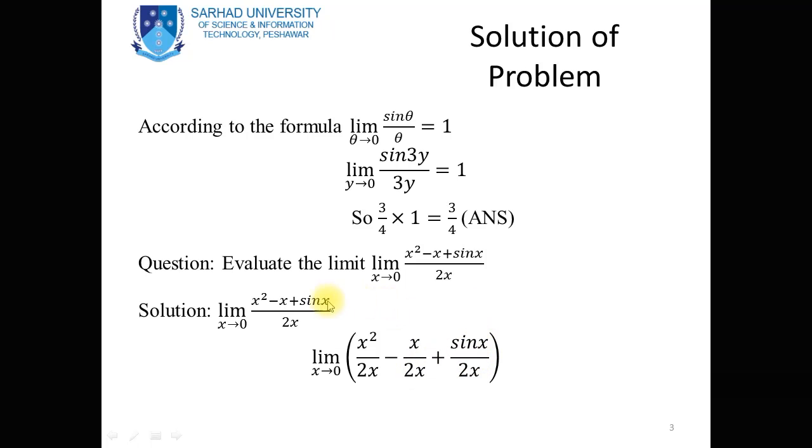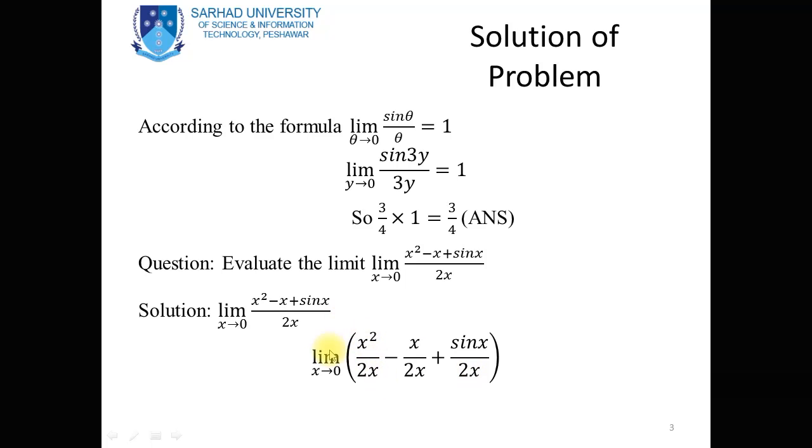Dear student, you see over here, if we put the limit x equal to 0, we obtain the undefined limit. This term will be 0 and sine 0 is equal to 0. So 0 divided by 0. So this is 0 by 0 form. Now we are going to try to define this limit. You see over here, we can write x square divided by 2x, x divided by 2x, and sine x divided by 2x.